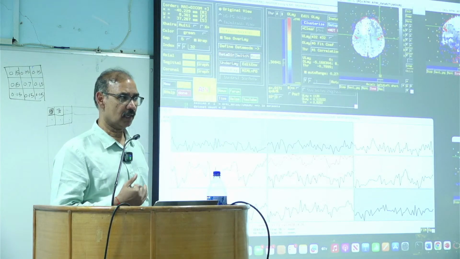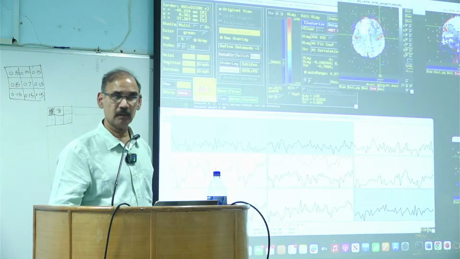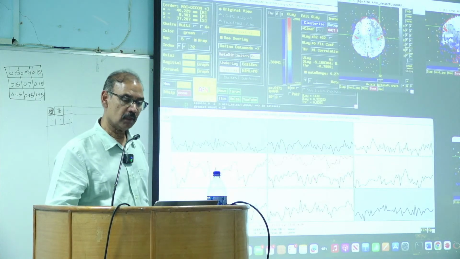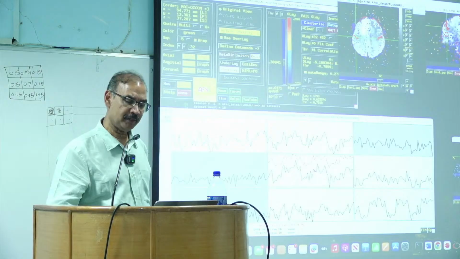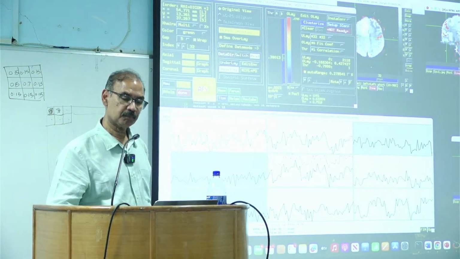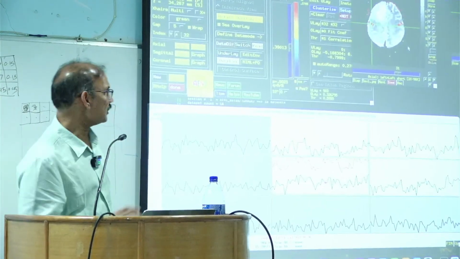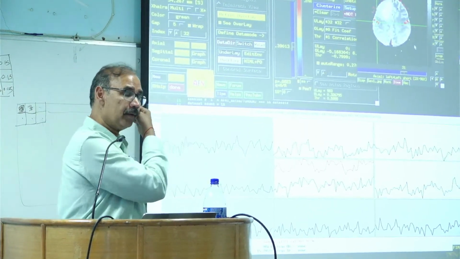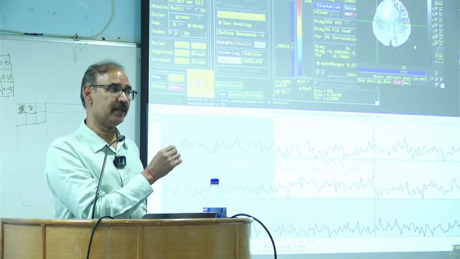Is that clear? No. Okay, so what I'm trying to say is that in this case, the voxels in red are the voxels which are active, right?